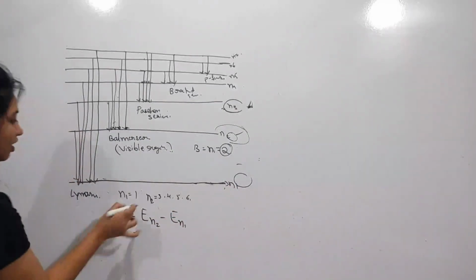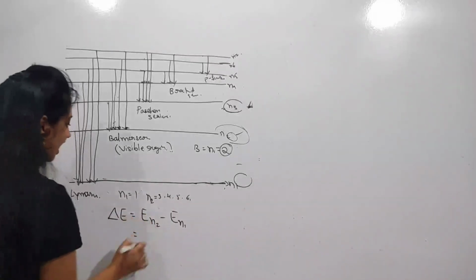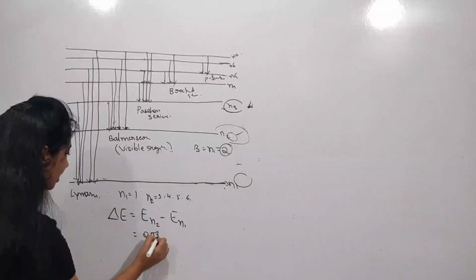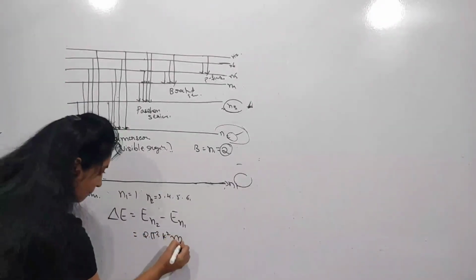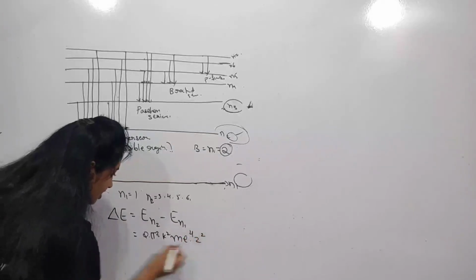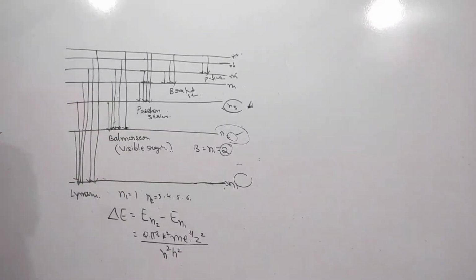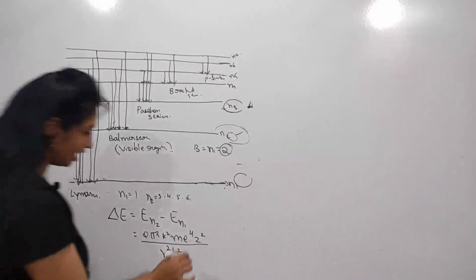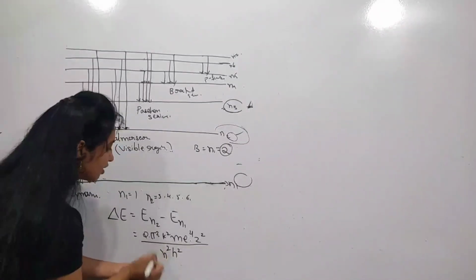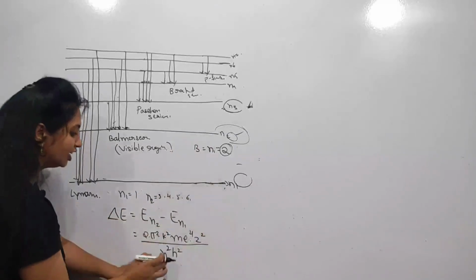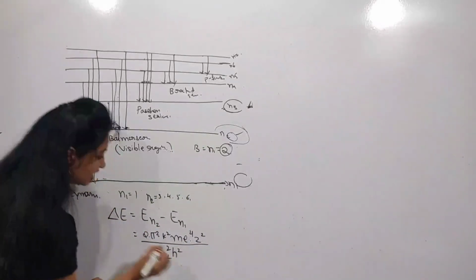Then what happened here? Already you know that En is equal to, we have one formula, that is 2 pi square k square m e raised to 4 into z square divided by n square and h square. So you remember this formula. In the place of n, I put the value of N2, because the N2 level we have to mention here.